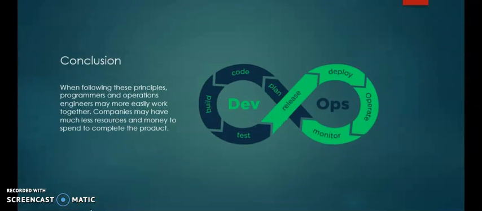In conclusion, when following these principles, programmers and operations engineers may work together more easily and faster. It is very vital that we complete this project and that we do it efficiently. It is very important that we also do not lose the amount of detail and quality in the project.